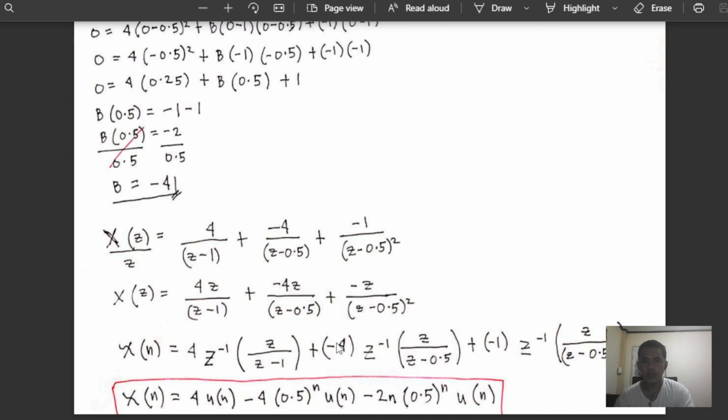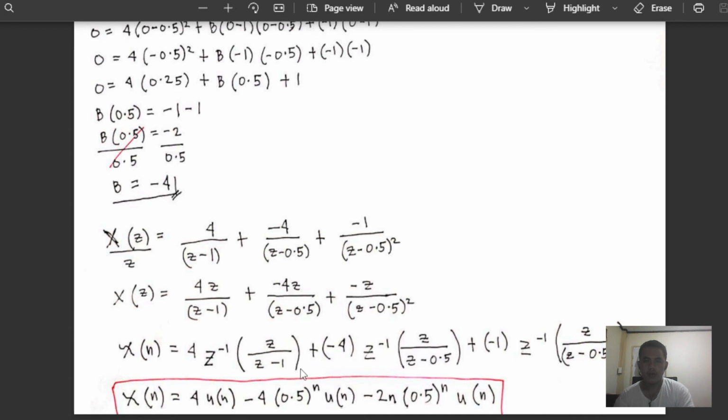So we arrange the constant, which is 4 here, in this manner.